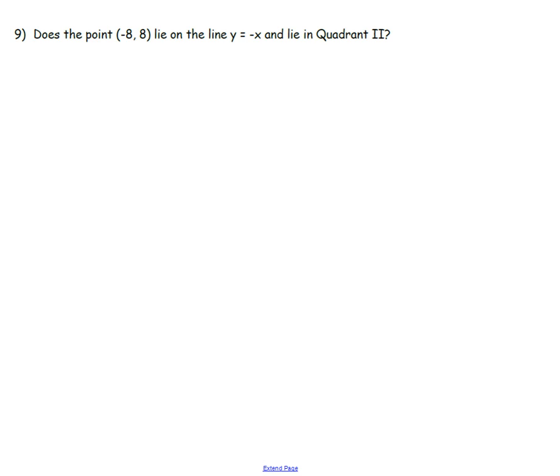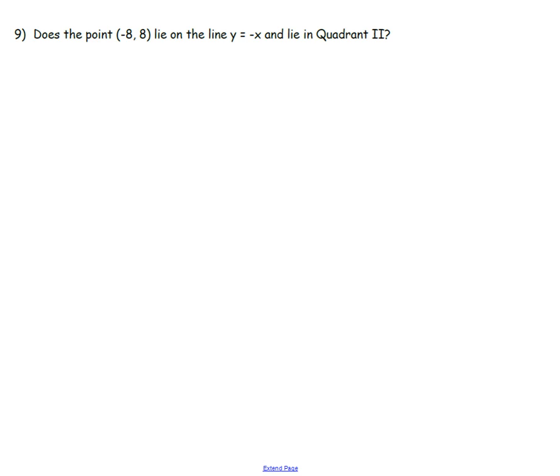Does the point (-8, 8) lie on the line y equals negative x and in quadrant 2? I'm gonna put yes. I'm putting no. So we want to know, does y equal negative x?